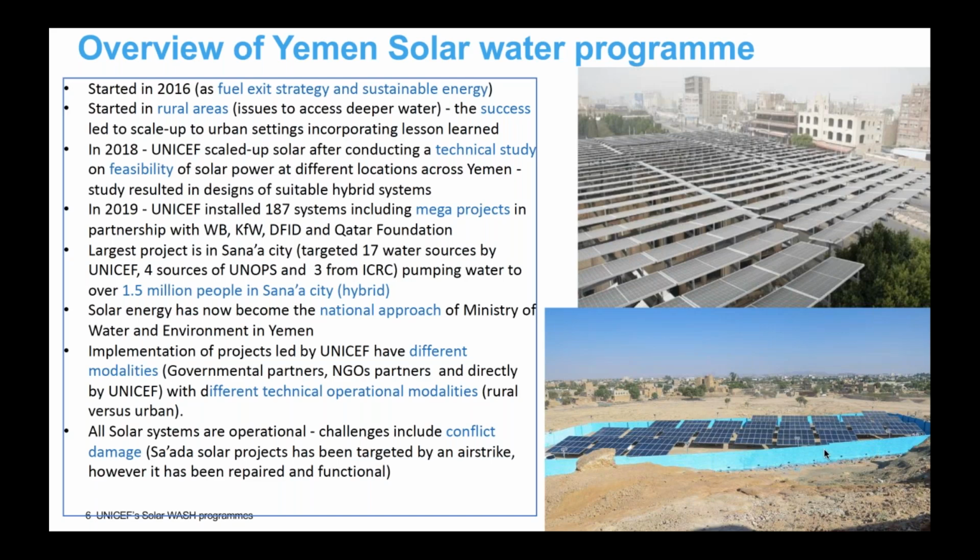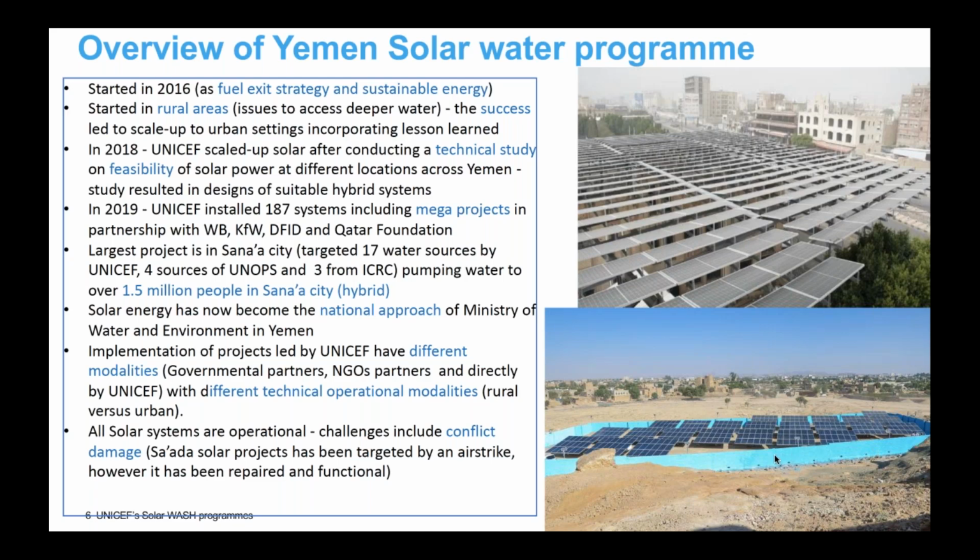It started very much in the rural areas, also regarding challenges to access deeper aquifers that with the traditional hand pumps were a little bit more challenging to get. But we rapidly saw that the success of using solar energy in rural areas could be scaled up and brought to the urban settings, incorporating all the lessons that we learned working and operating in rural areas.